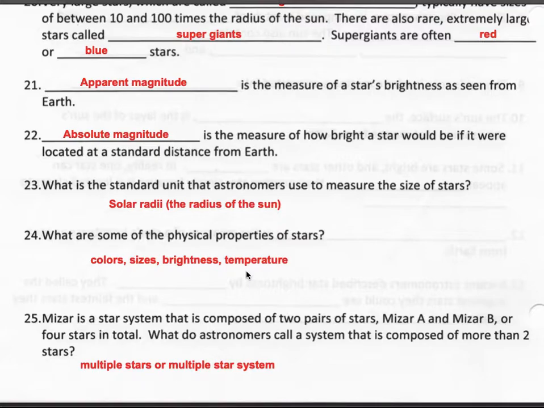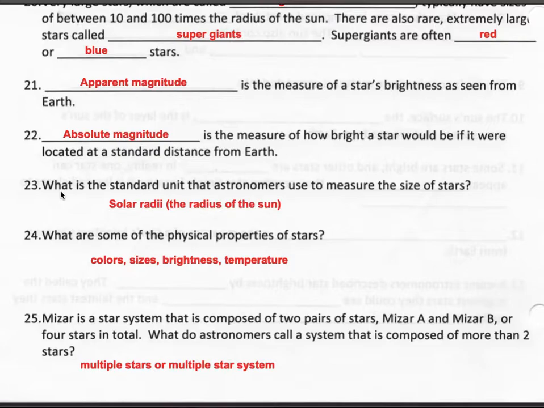But if you wanted to get their true brightness, which were actually brighter and which were actually dimmer, then you would put them all at the same distance and then rate which ones were brighter and which ones were dimmer. That's number 22. Absolute magnitude is the measure of how bright a star would be if they were located at a standard distance from Earth, all the same distance.